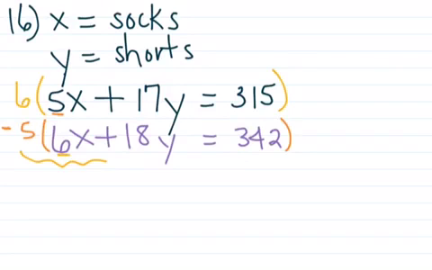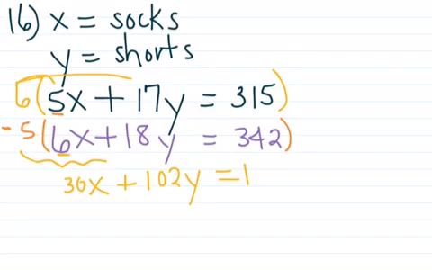Okay, now we're ready to distribute. 6 times 5x is 30x. 6 times 17 is 102. And 6 times 315 is 1,890.